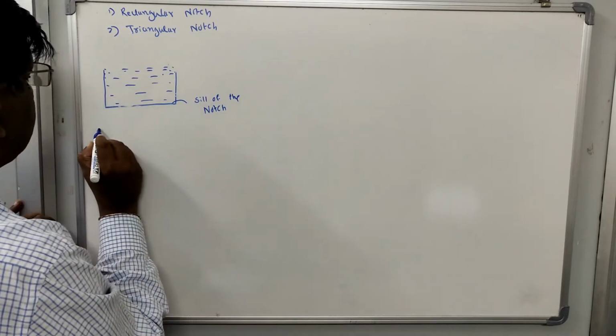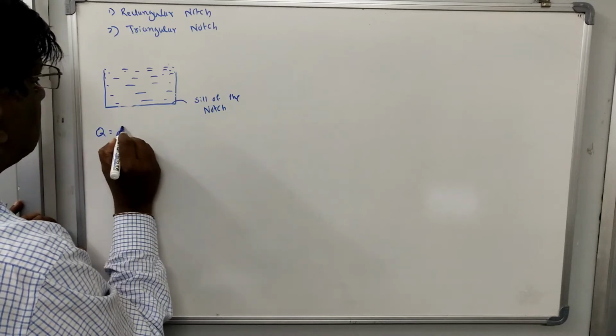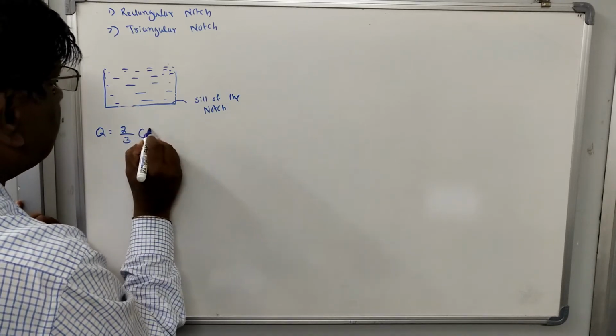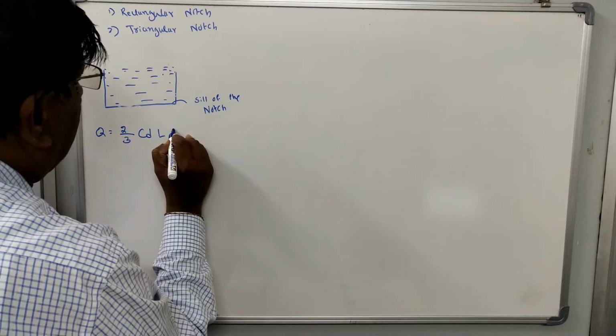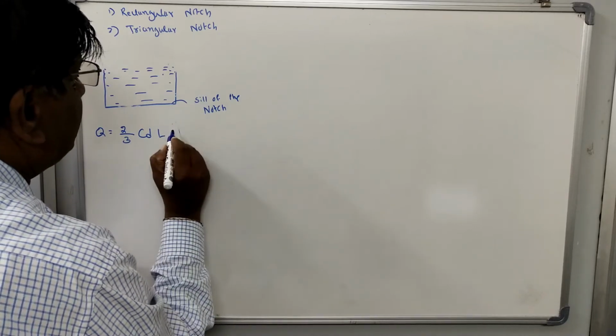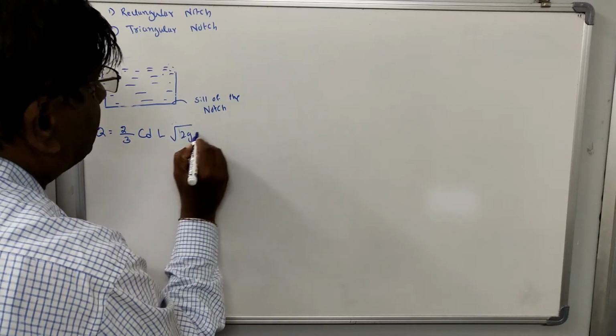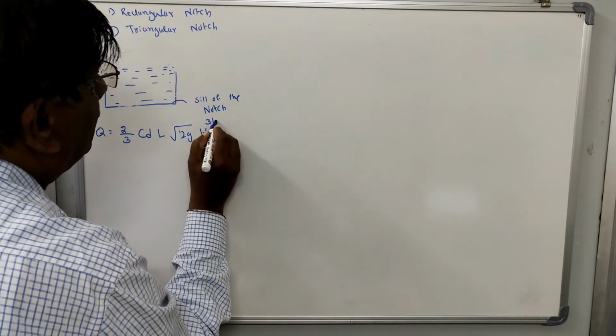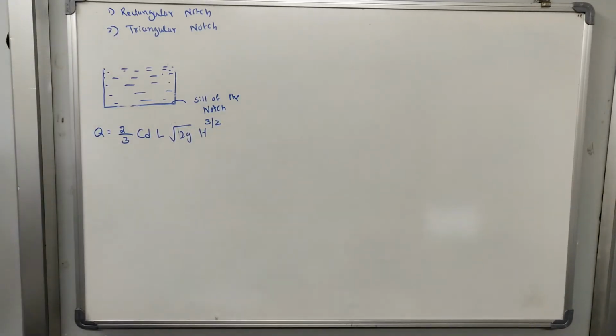Then the discharge Q is equal to 2/3 CD L root 2G H raised to 3/2.